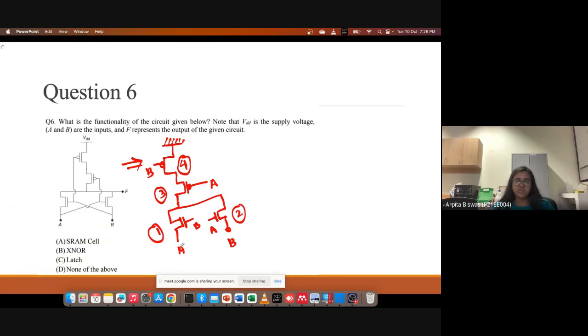There also A is connected, and here in the gate B is connected, and in transistor 2, A is connected to the gate, and the source is connected to this B. So now can you calculate? Take your time and at least try.